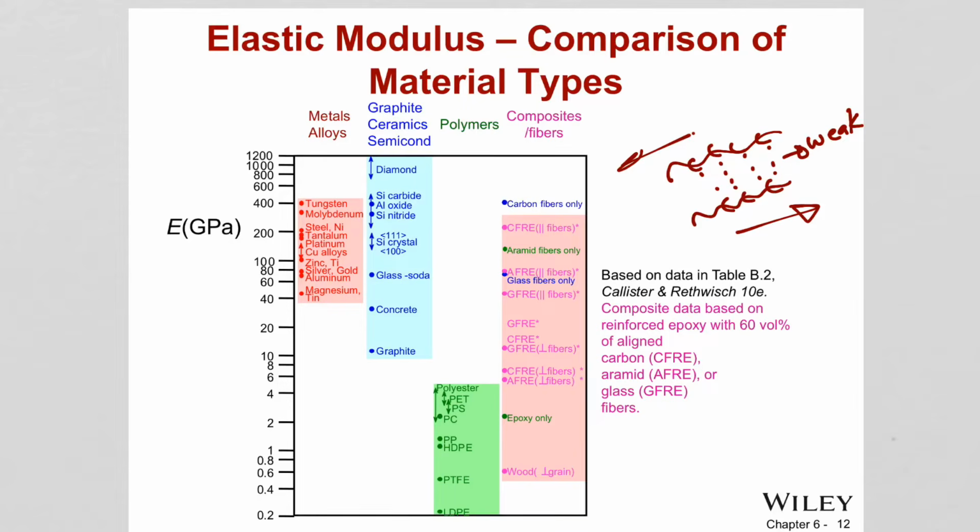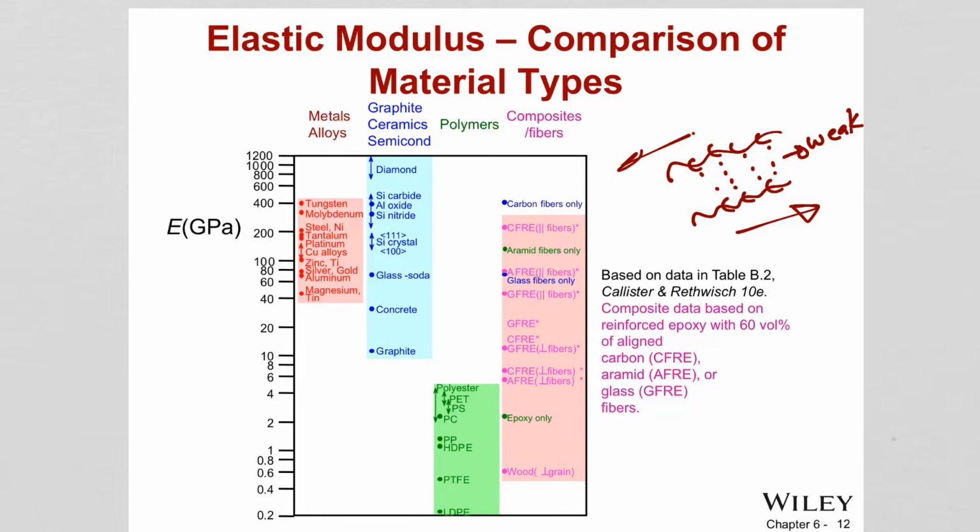Okay, composites are a mixture of two different materials, mostly made up of polymer with reinforcing fibers. Therefore, the modulus values are close to polymers. And of course, it covers a wide range, because composite means materials that are made by combining two or more materials.